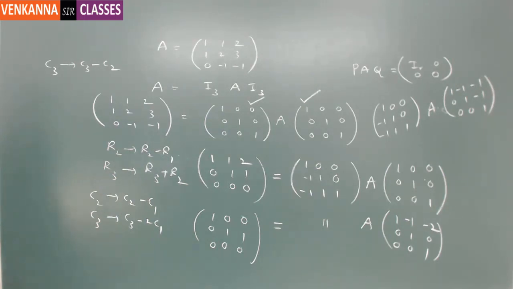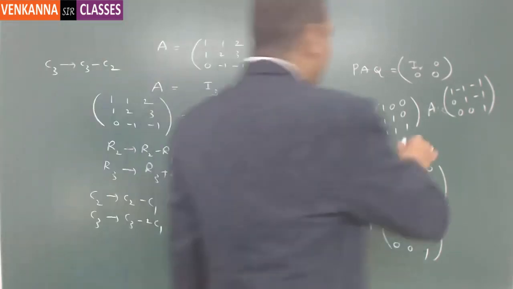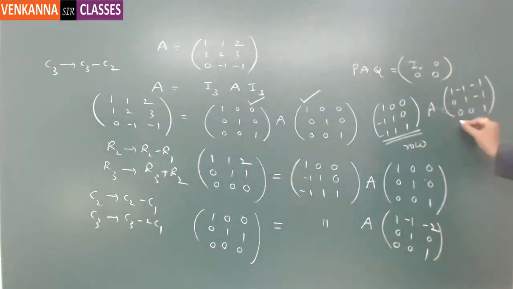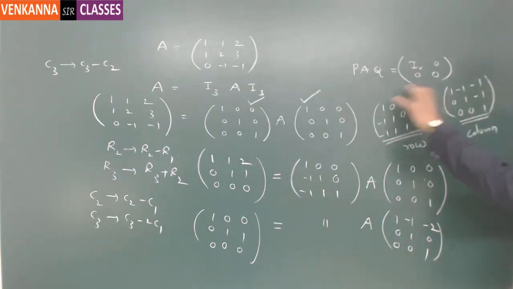Right. So the pre-factor is for the row operations result. The post-factor is for the column operations result. So whenever you have a column operation, you are applying it only on this part, you are excluding these two.